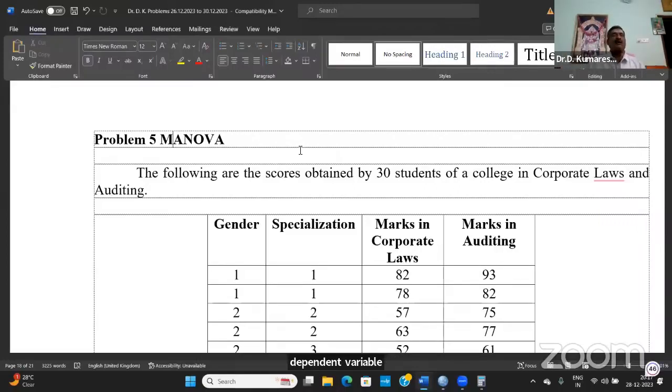Two-way ANOVA: two or more independent variables, one dependent variable. In the case of MANOVA, there may be any number of dependent variables and any number of independent variables.